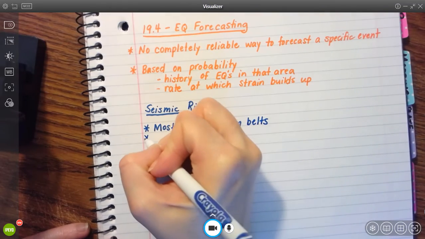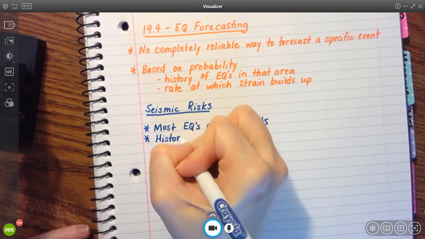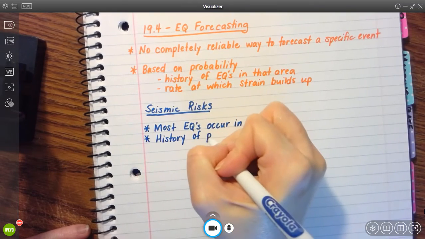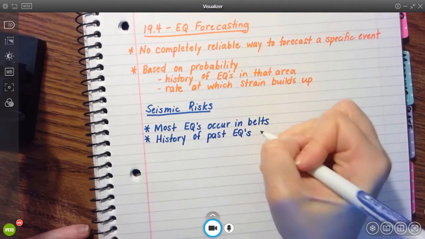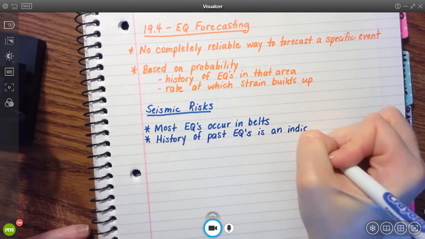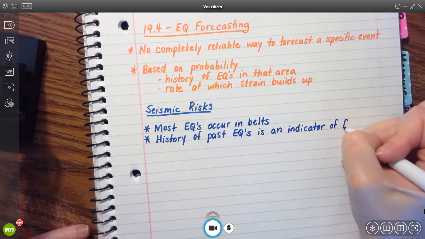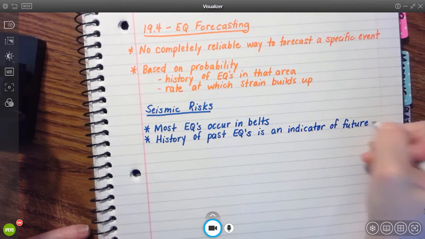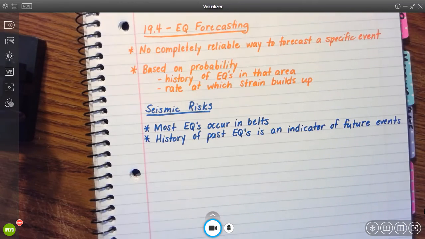And we also think about past history. History of past earthquakes is an indicator of future events. Seems pretty simple on the surface, right? Most earthquakes occur in a belt, and if you haven't had any earthquakes before, you're probably not going to have one.